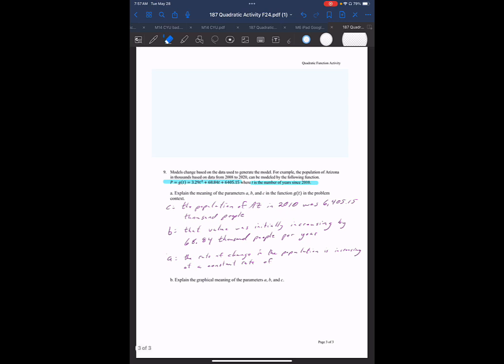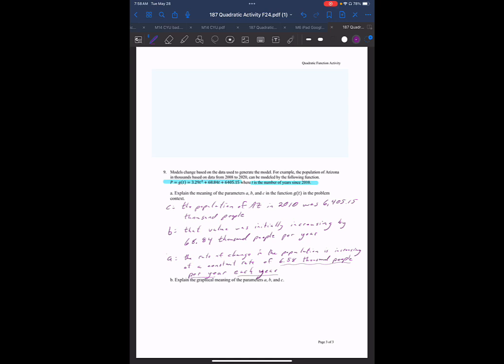So at a constant rate of 6.58 thousand people per year each year, because remember, this is the rate of the rate. So this initially was 68.84 thousand people per year, but that number was changing at a rate of 6.58 thousand people per year each year. And so we need to make sure we get all of the parts of that in there.